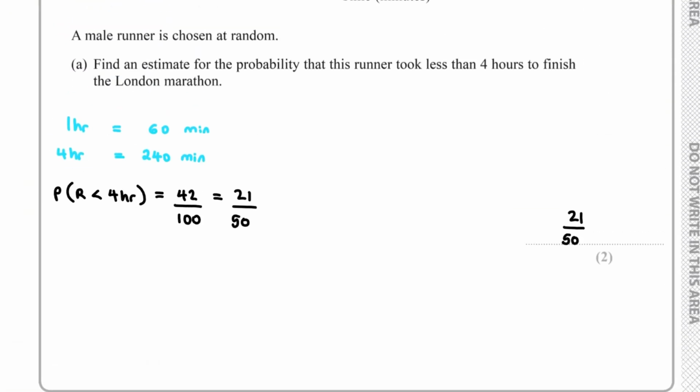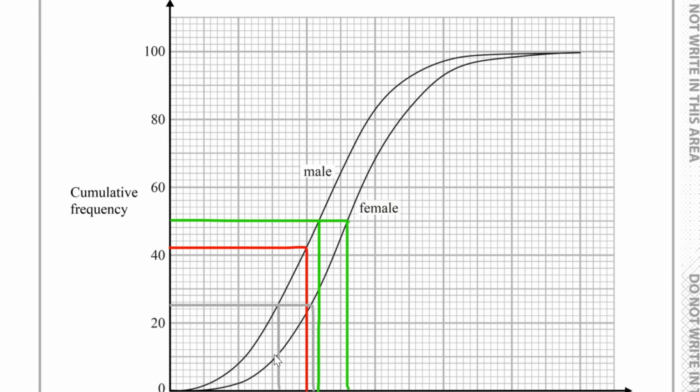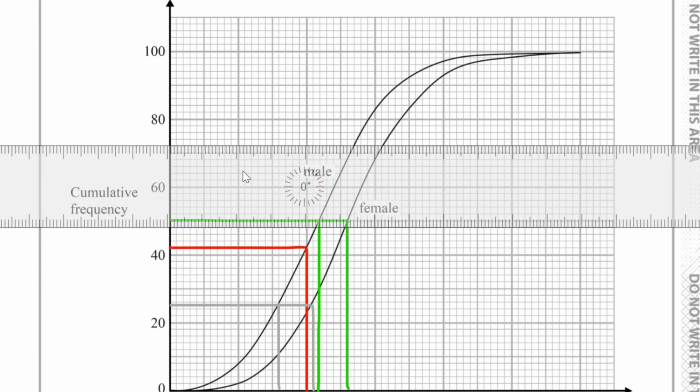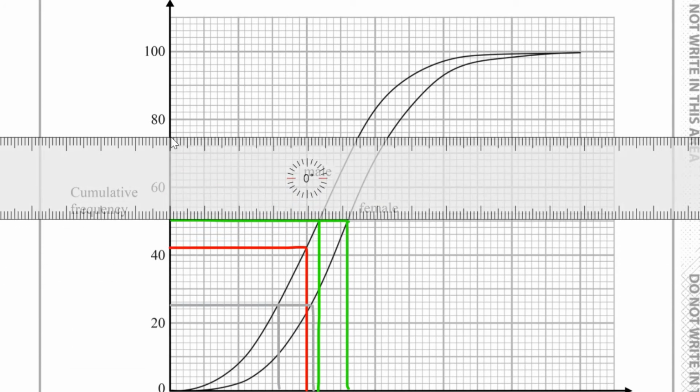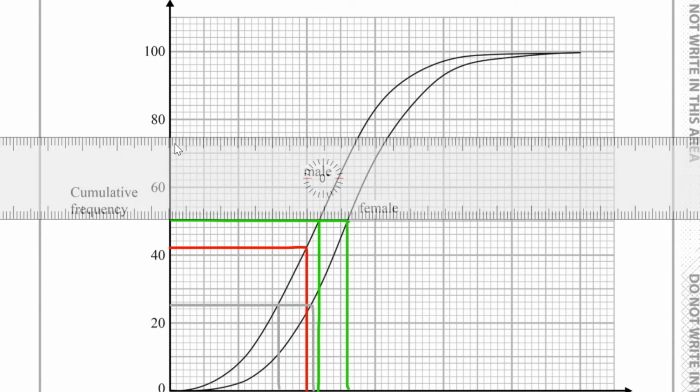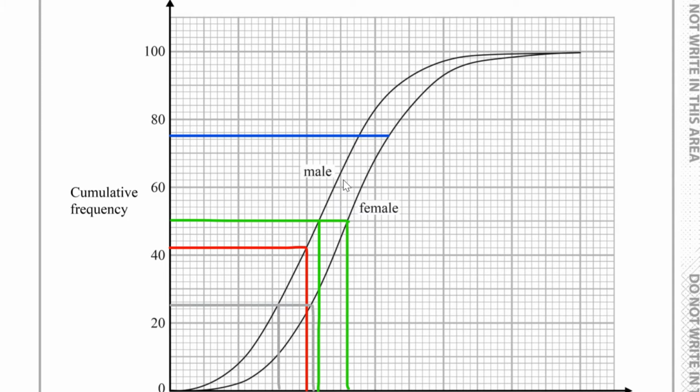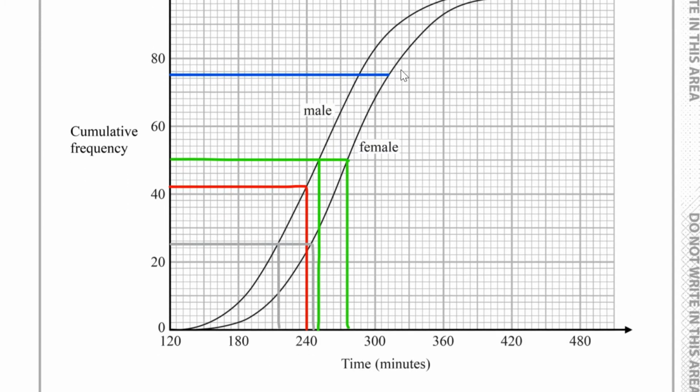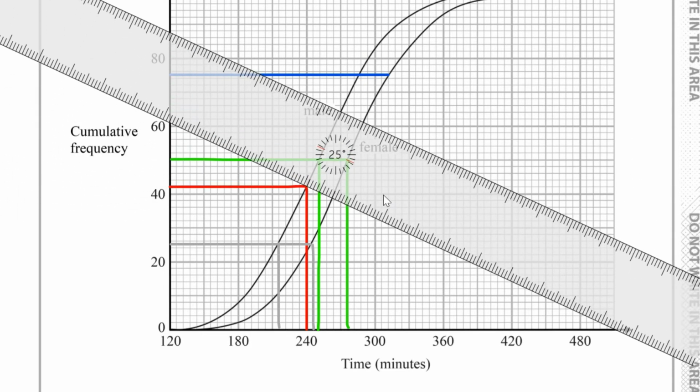And if we work out the upper quartile, well, 70 is here, so 75 is slightly above this, here somewhere. So for males, if I just draw a vertical line, let's just use the ruler here.